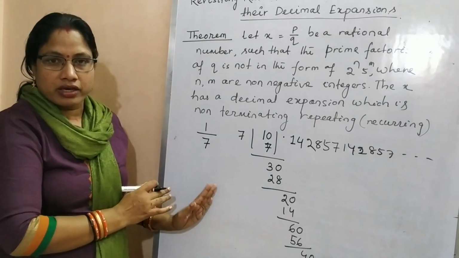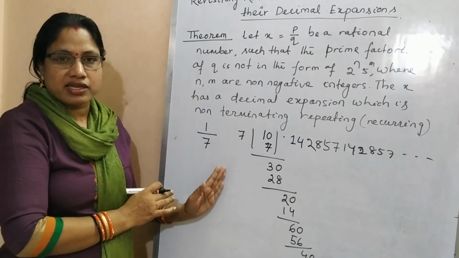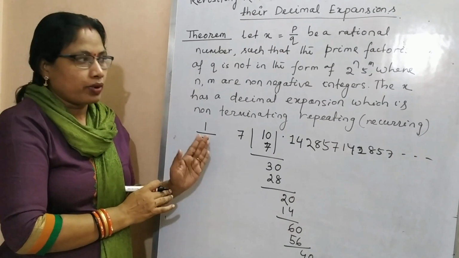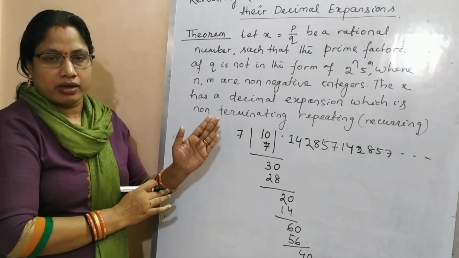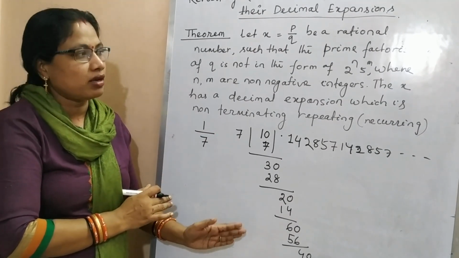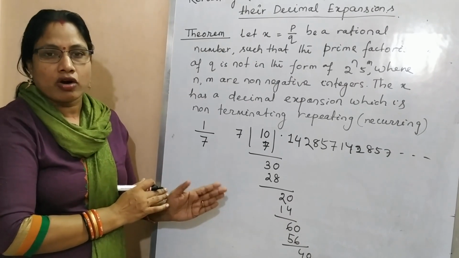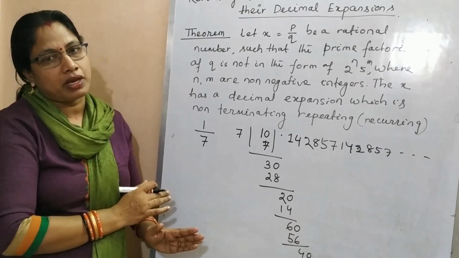So these are the conditions for which a rational number p by q can be a terminating decimal expression or a non-terminating repeating decimal number.